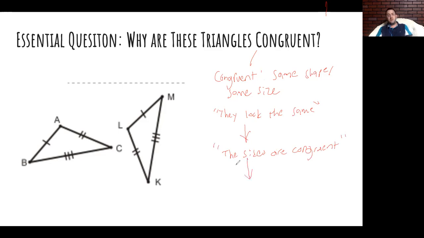And we can even get more specific, and we could say that AB is congruent to LM because they have one tick mark. And we could say that AC and LK are congruent. And we can also say that BC and MK are congruent.